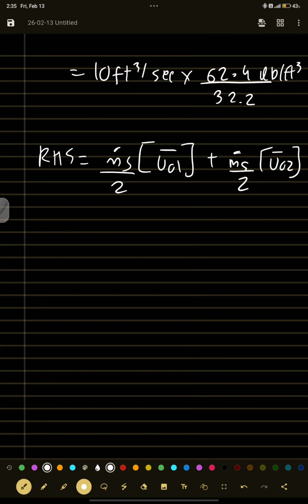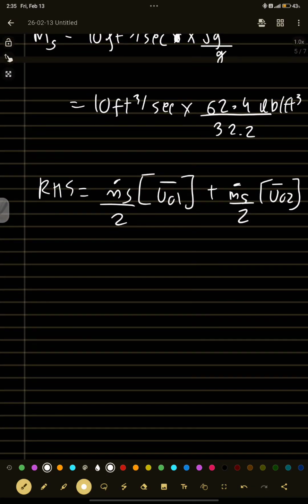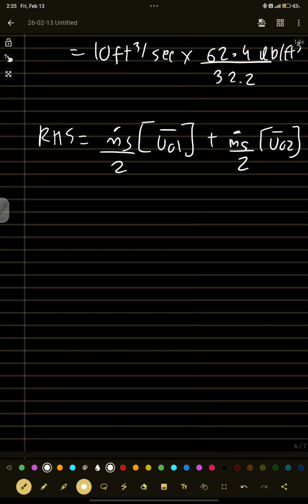Just give a minus m dot s into Ui. Ui is how much? U by A.